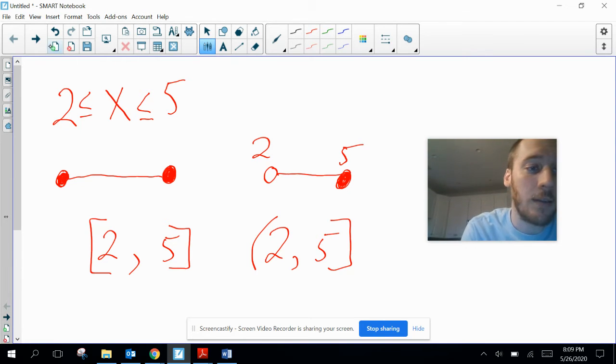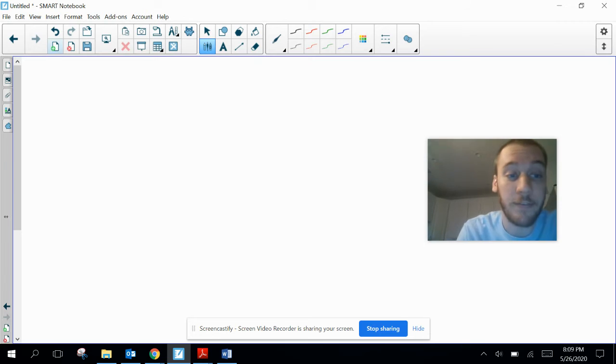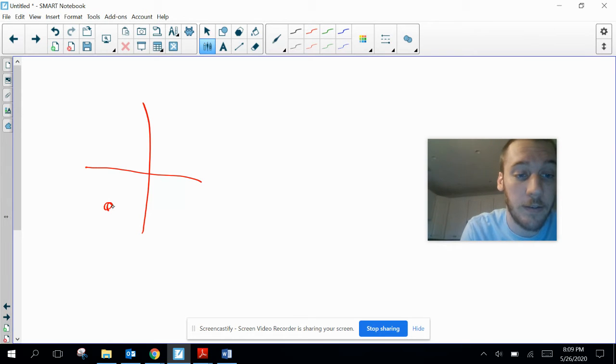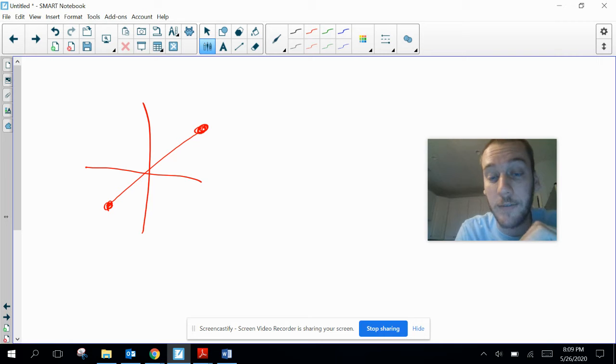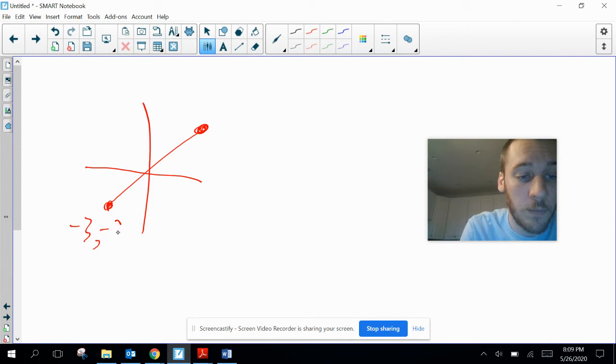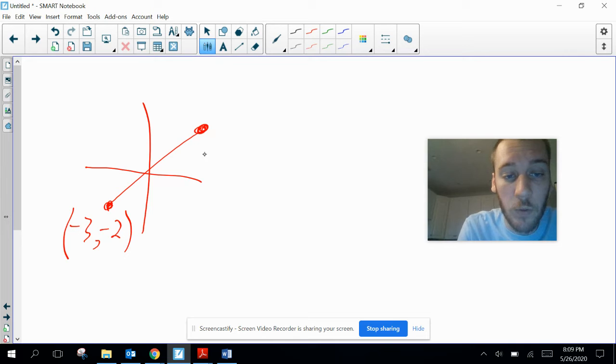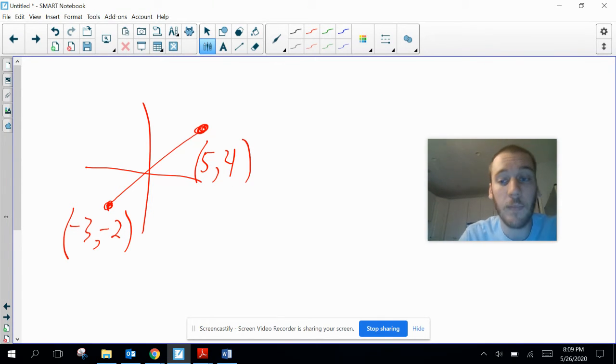And we're going to talk about what that looks like on a big graph. So we're going to do this for domain and for range, not just for the domain, not just x values. So if I'm going from, let's say, (-3, -2) up to, we'll say, (5, 4), the domain, that's x values, means I'm just looking from left to right.